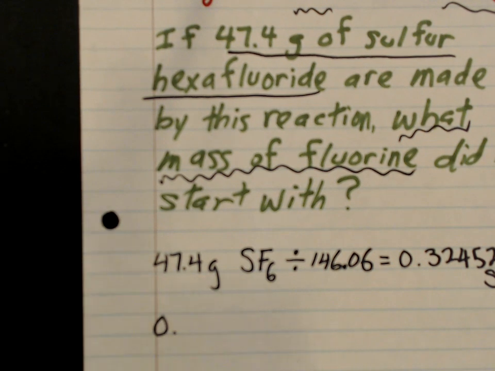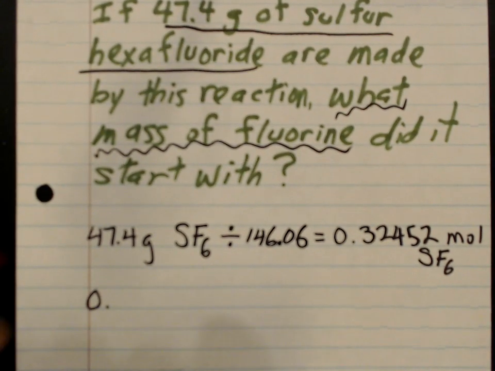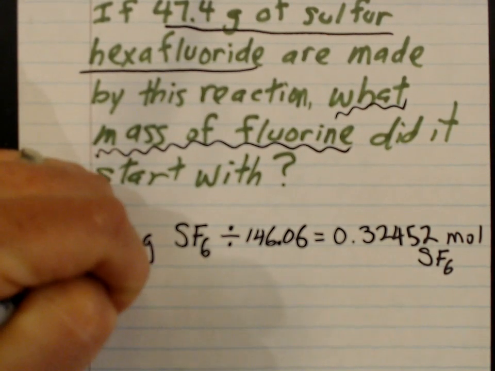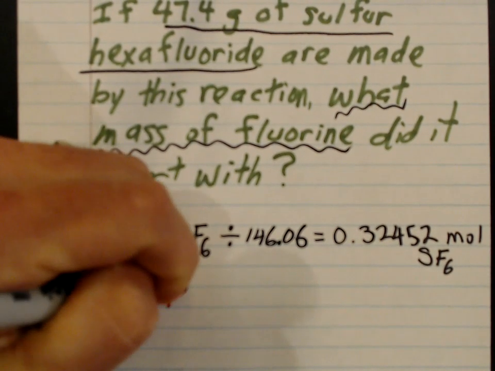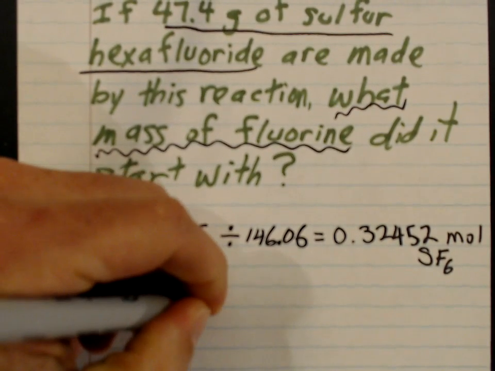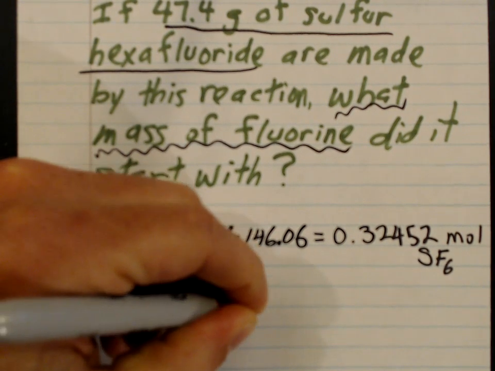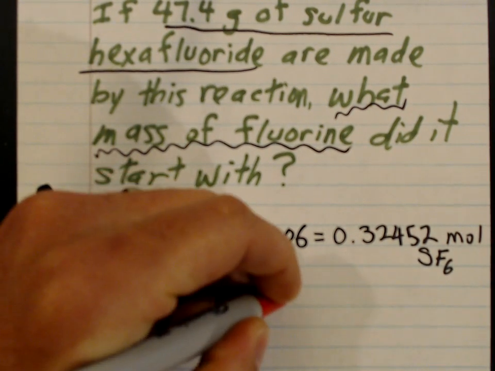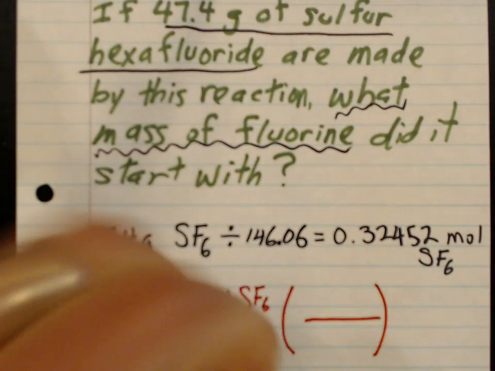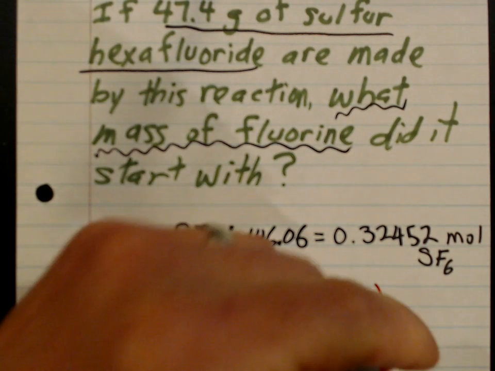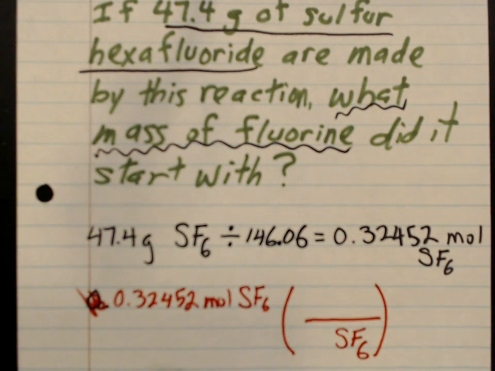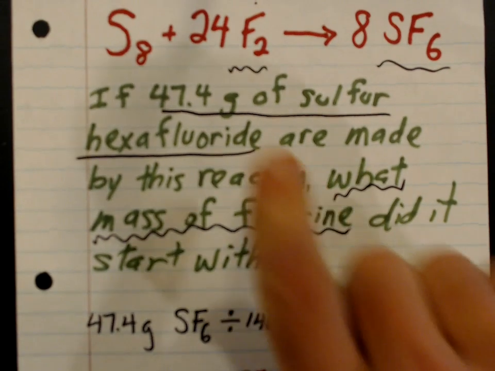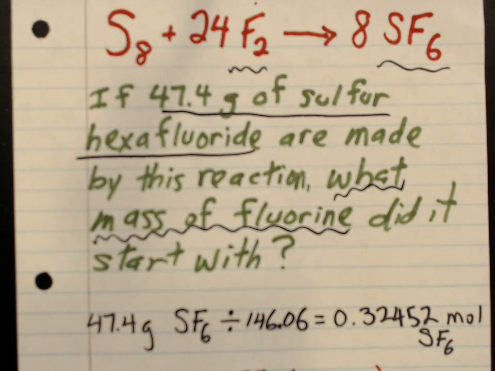Got to change up them colors so I can differentiate the steps. 0.32452 moles sulfur hexafluoride. Set up parentheses. Put sulfur hexafluoride on the bottom. It works. Trust me. And we're going to put our unknown on the top. What's our unknown? We already marked it. It's F2.